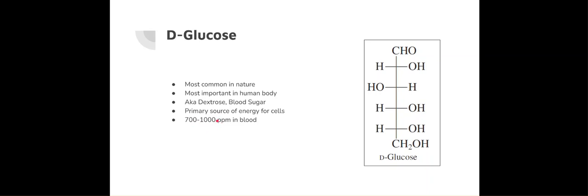If you get above 1,000, you become hyperglycemic, and if you get below 700, you're hypoglycemic. And here's the structure of D-glucose. Again, it's a D because this highest chiral carbon, the OH, is on the right-handed side. This is really the workhorse in the human body.